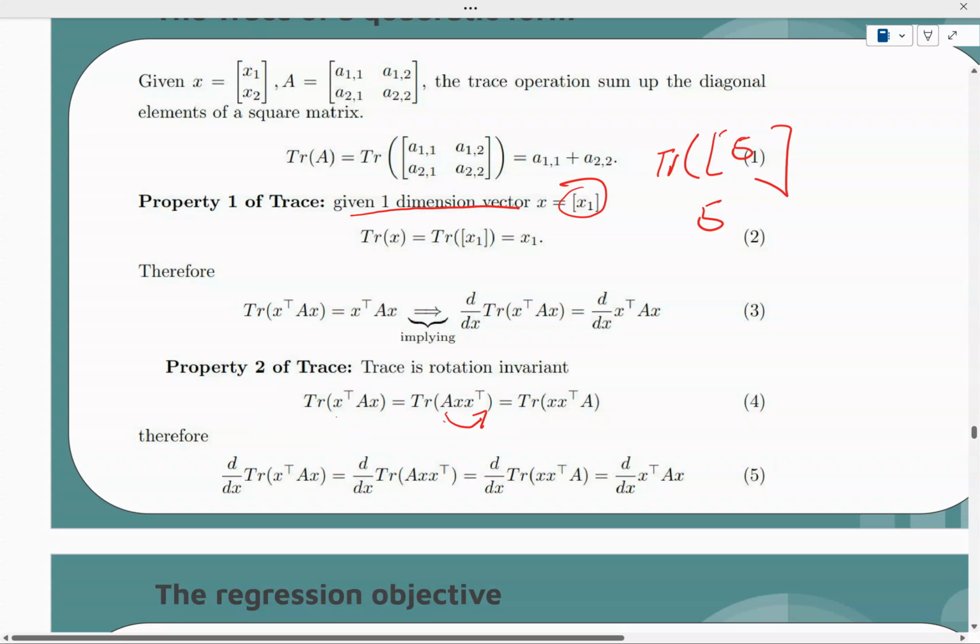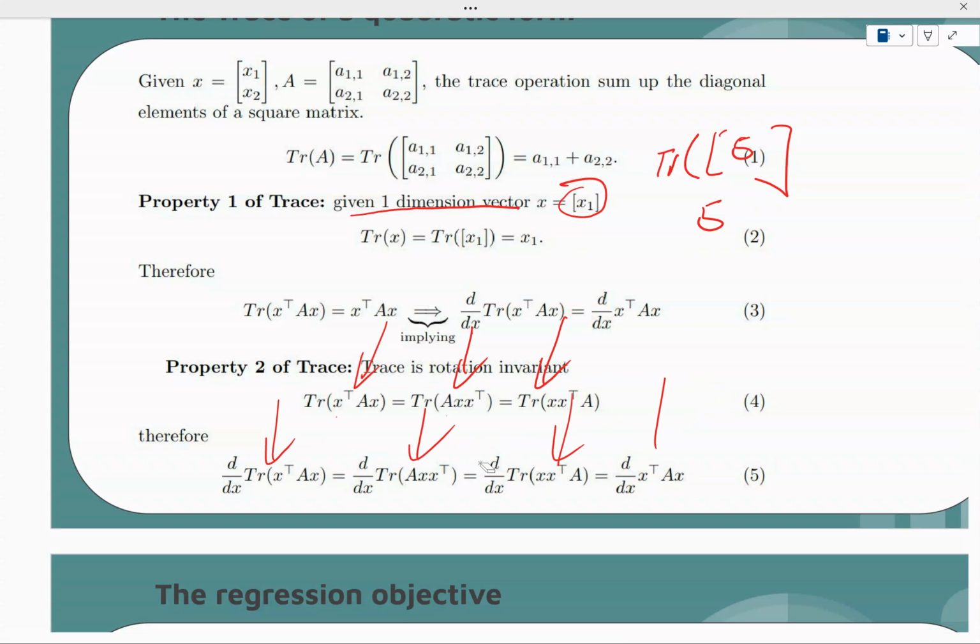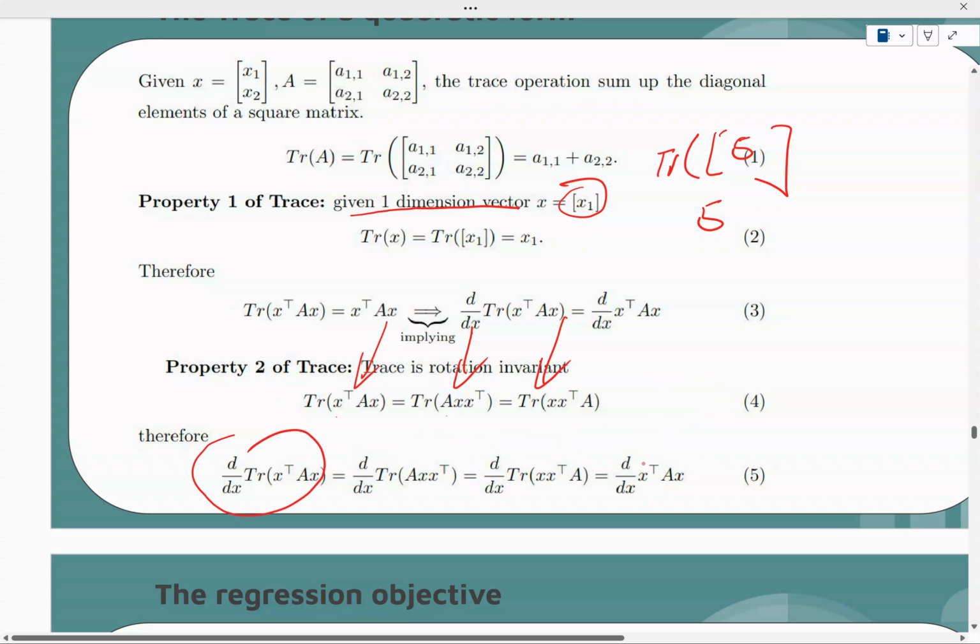If you just keep rotating, they're actually all equivalent. Therefore, if you take the derivative of any one of them, it's equivalent. So trace of this, trace of this, trace of this. Once again, the trace of this is actually just equal to the quadratic without the trace.